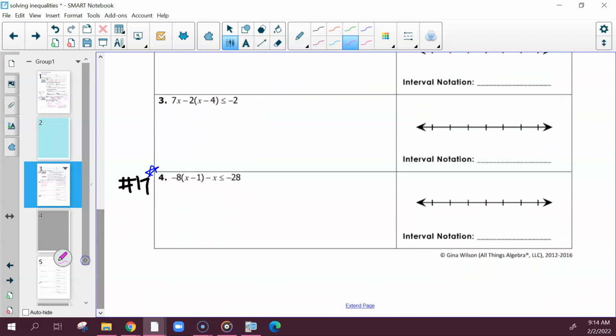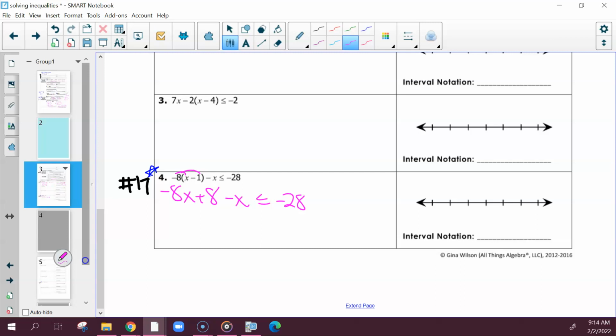Let's do another. Let's do number 4. What would we do first? Distribute the negative 8. We have negative 8x plus 8 minus x is less than or equal to negative 8. Then what?